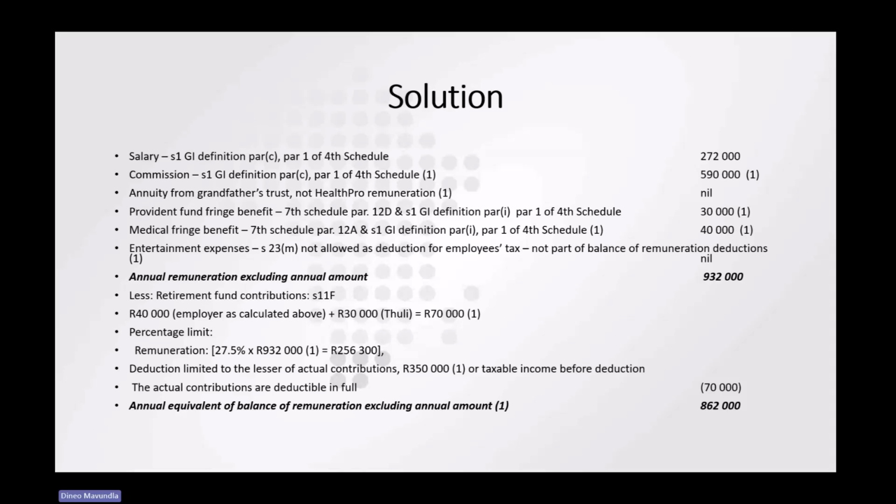Due to a lack of information, an employer will consequently not be able to do the calculation of the 27.5% of the taxable income limit, and will also not be able to do the calculation where the taxable capital gain must be taken into account. The employer can similarly never take any balance of unclaimed contributions into account when the section 11 cap F deduction is calculated for the employee's tax purposes, and will only take the current contributions into account.